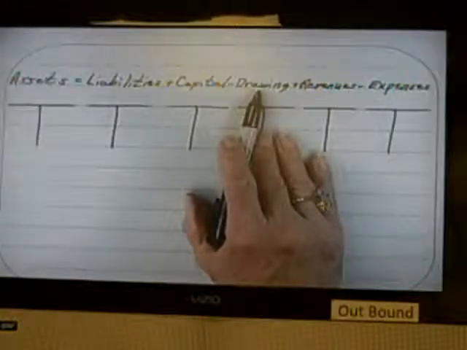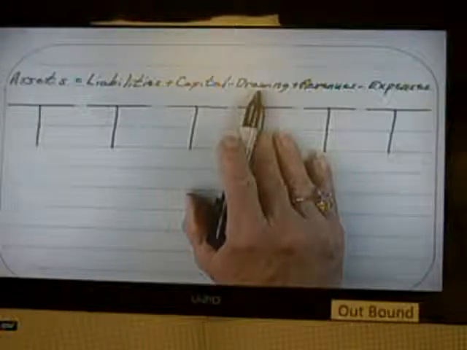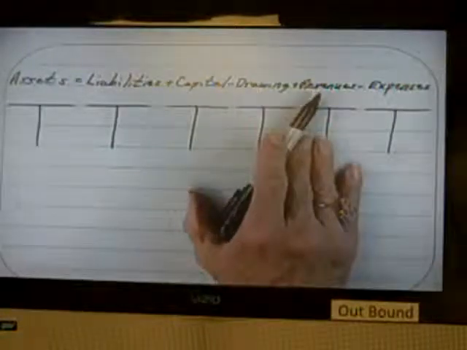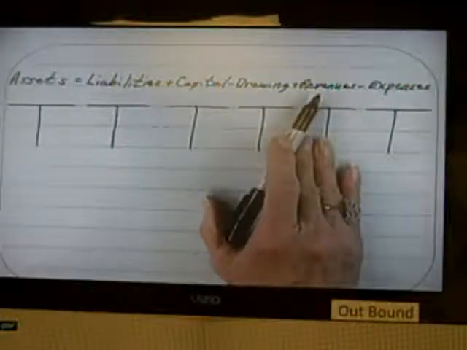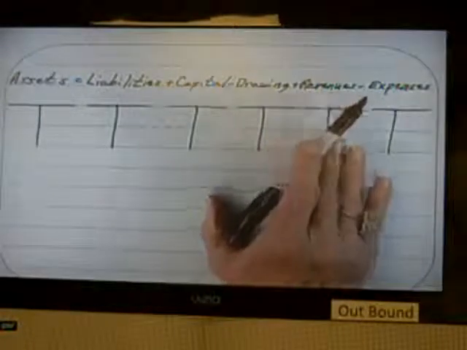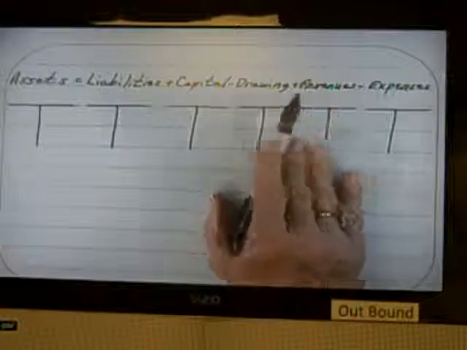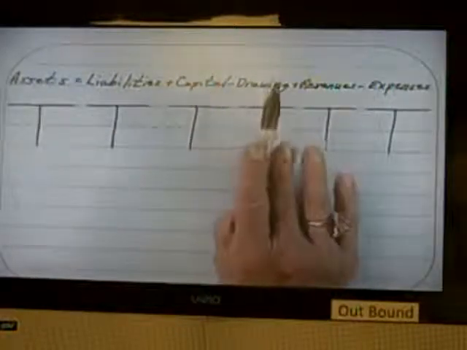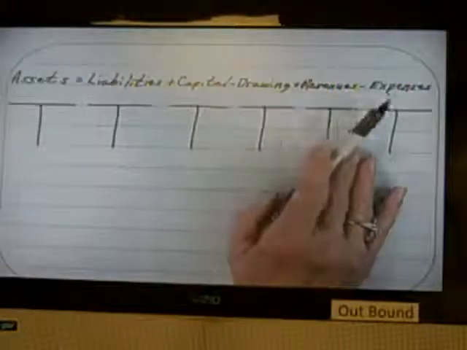Your textbook or your company may call it drawing. Another textbook or company may call it withdrawal, but they are the same. Plus revenues. Revenues is what we earn, of course, for doing whatever it is we do, and minus expenses. So the accounting equation: assets equal liabilities plus capital minus drawing plus revenues minus expenses.